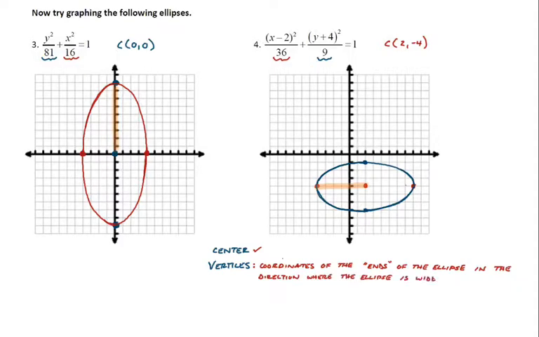So what that means specifically is if you look at number 3, the vertices would be the coordinates of the point at the top and bottom of the ellipse, because the ellipse is a distance of 9 vertically in either direction, so those endpoints will be my vertices. And for number 4, the vertices will actually be the endpoints left and right of center at the edges of the ellipse, because that's the direction that the ellipse is widest in.